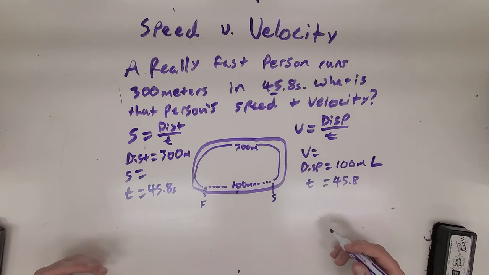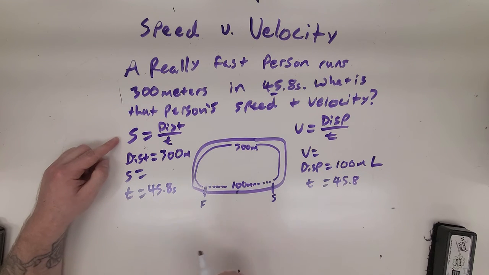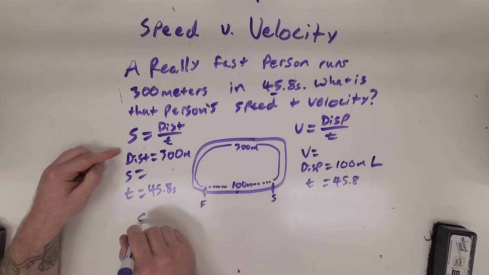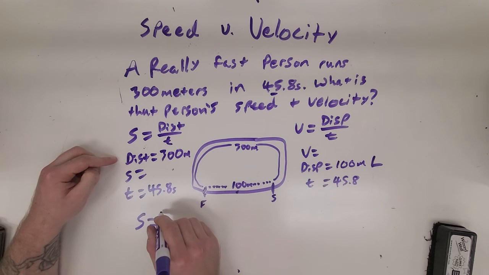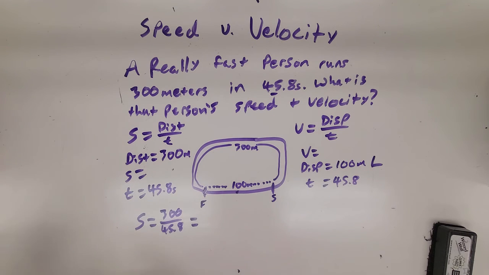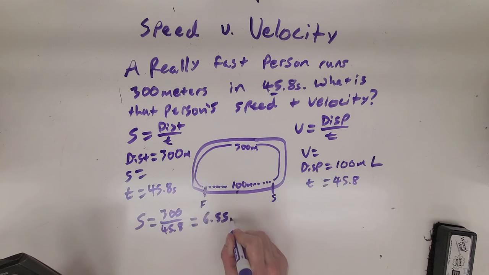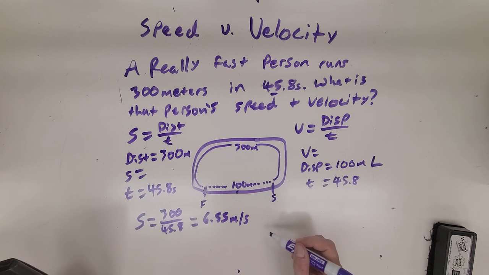Now we just plug this in and solve for it. So speed is equal to distance over time. Plug in 300 divided by 45.8, and that is going to equal about 6.55 meters per second.